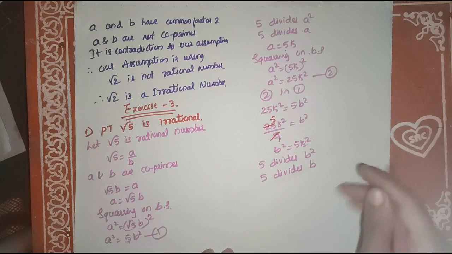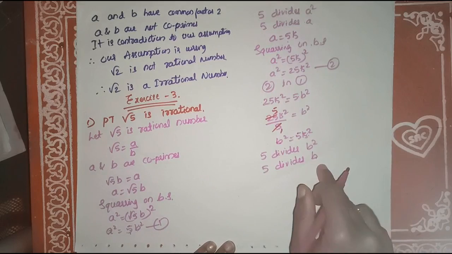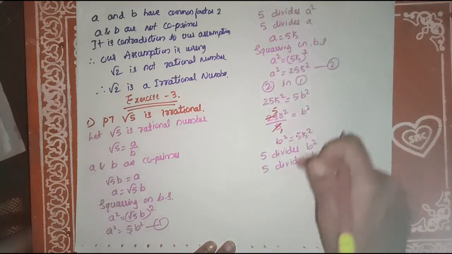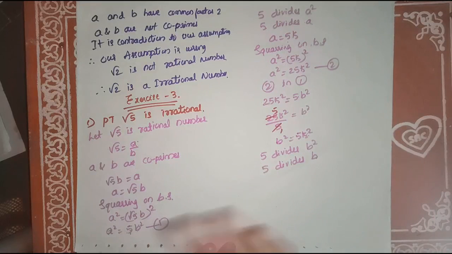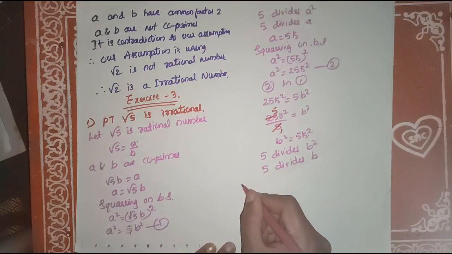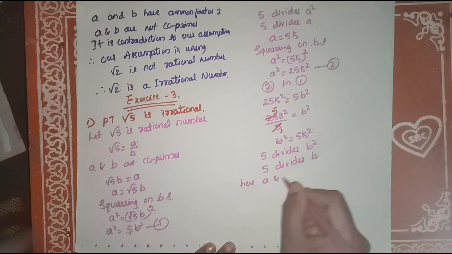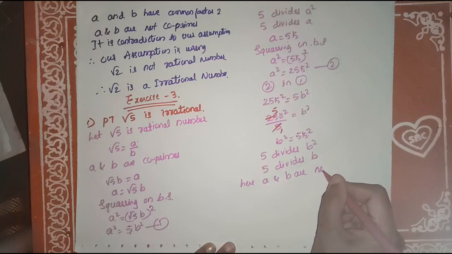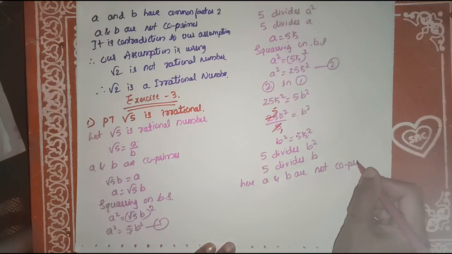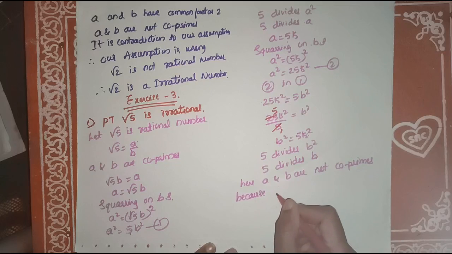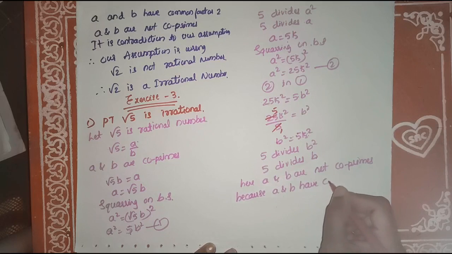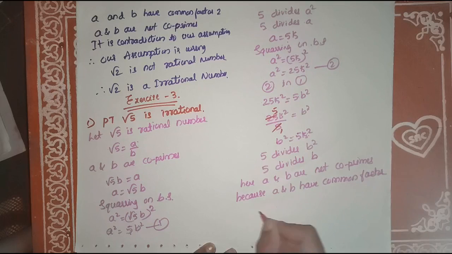So 5 divides b and 5 divides a. So it means a and b both are divisible by 5. It means both are not co-primes. So here a and b are not co-primes because a and b have common factor 5.